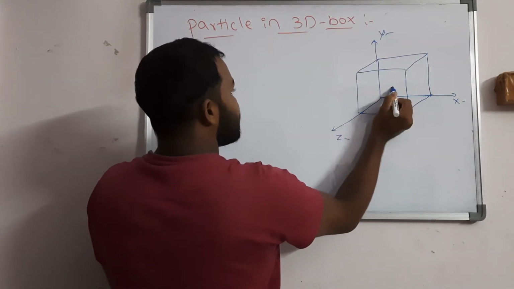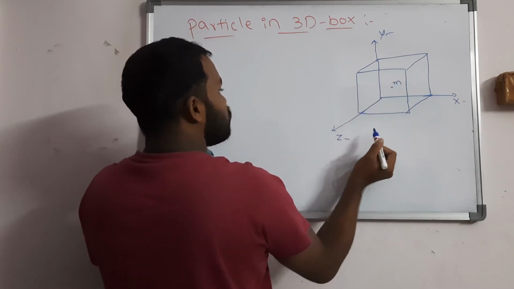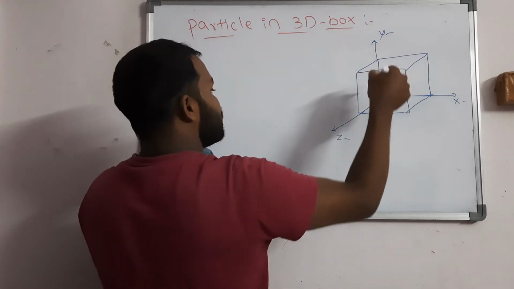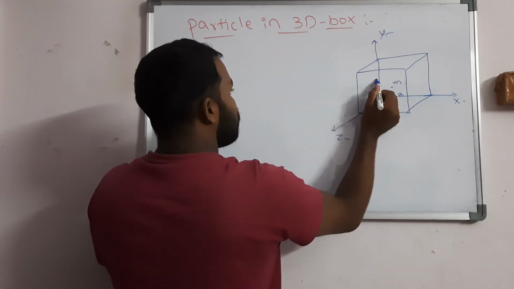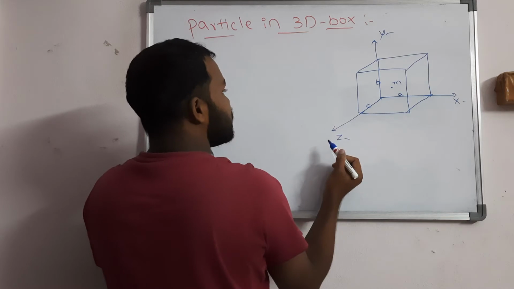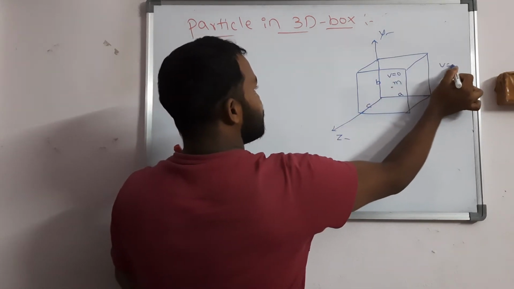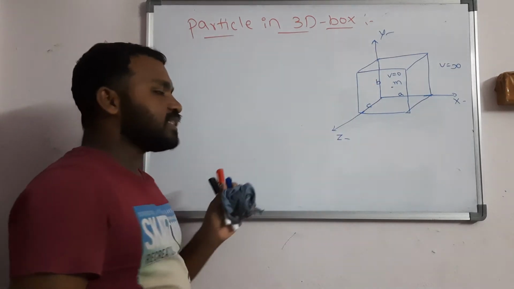Now I am considering a particle of mass m moving along x direction is A. So it is moving in the limited region. So x direction is A, y direction is B, z direction is C. Particle inside the box is 0, outside the box is infinity. So this is the 3D box.